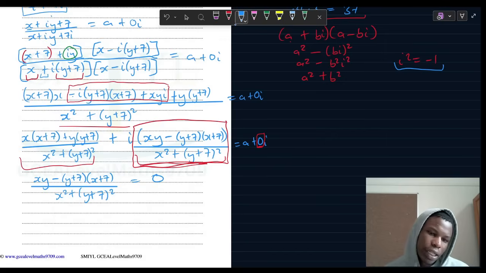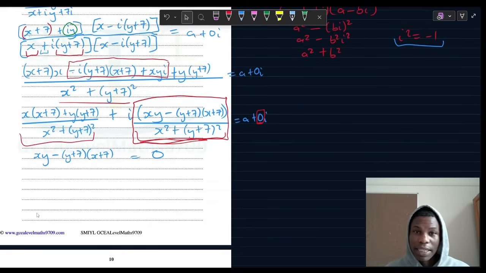And now hopefully you know that your denominator can never be 0. So the only way this is 0 is if the numerator is 0. Otherwise, if the denominator is 0, then you get a division by zero error, right? Which we don't want. So now you end up with this equation: xy minus (y plus 7) times (x plus 7) is equal to 0.